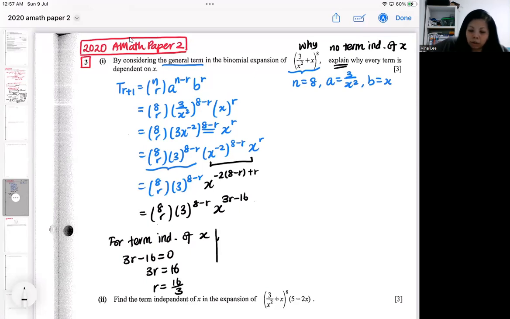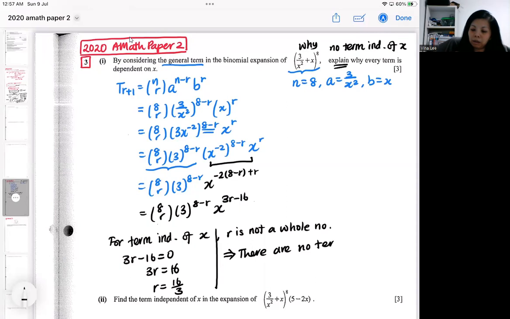So when I try doing this, I'm not getting a whole number. Therefore, there are no terms independent of x. So I don't have a constant term.